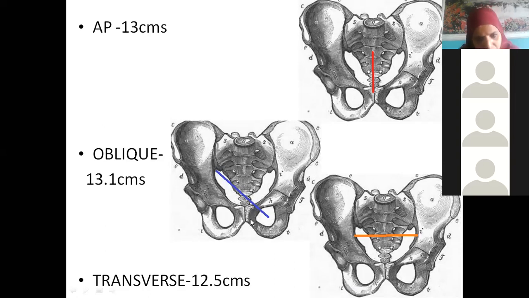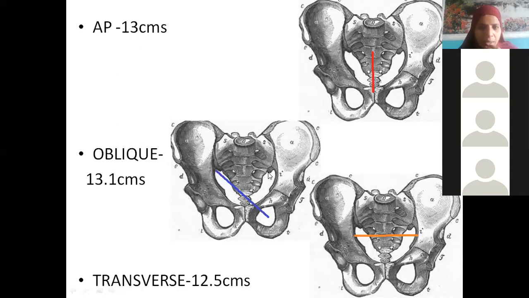So this is the body of pubis. This is the superior ramus and this is the inferior ramus. In the body of pubis, I also told you this is the pubic tubercle. The sharp part is the pubic tubercle. So you are drawing one line, the oblique dimension you are taking now, from the greater sciatic notch of the right side to the pubic tubercle of the left side.